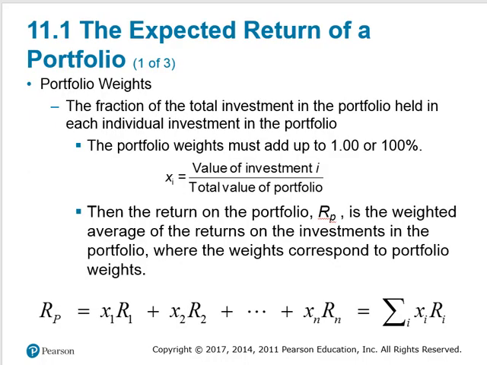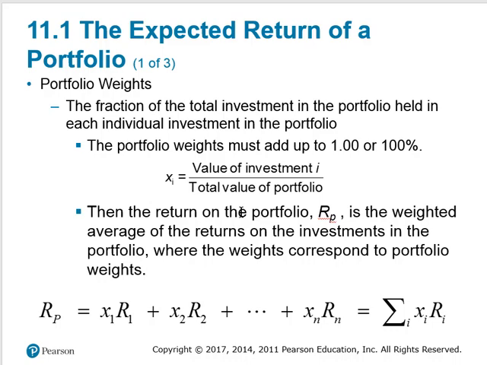So the first thing we want to do is talk about the returns of a portfolio. It's a very simple formula that is the weighted average of the returns of the assets within the portfolio. So X sub i here is the weight. It's a proportion of how much money of the investment is invested in asset i.